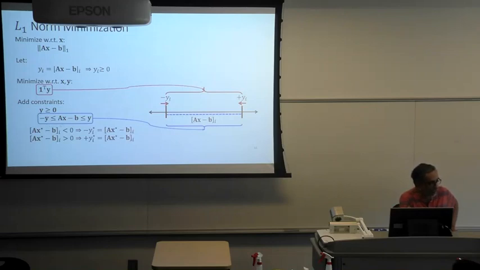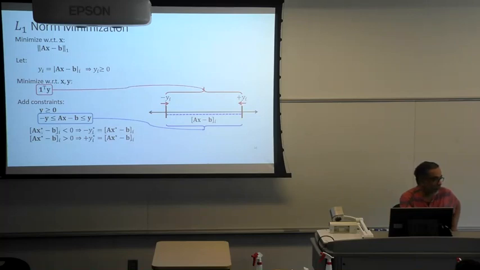this is equivalent to two inequality constraints, correct? This is one inequality constraint, this is one inequality constraint. One of these will be active for each element i. One of these two would become active.